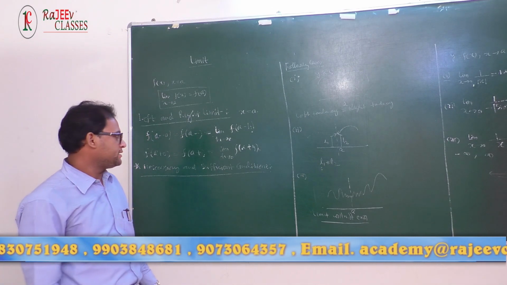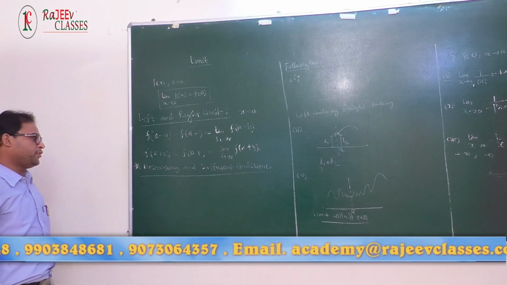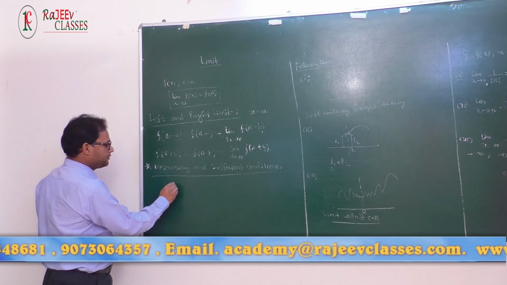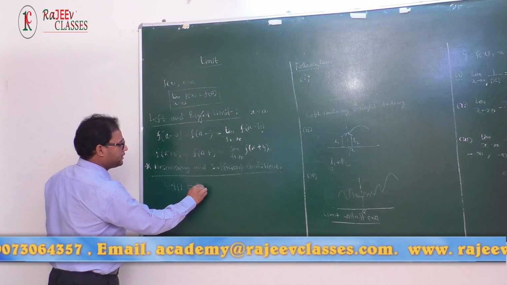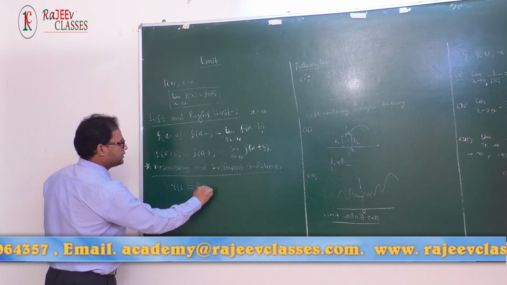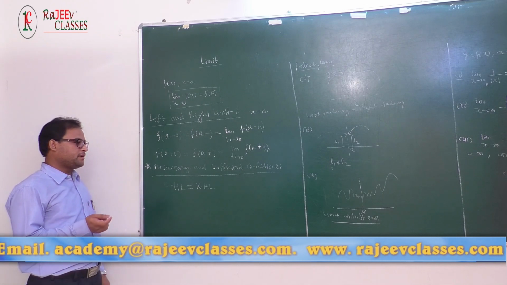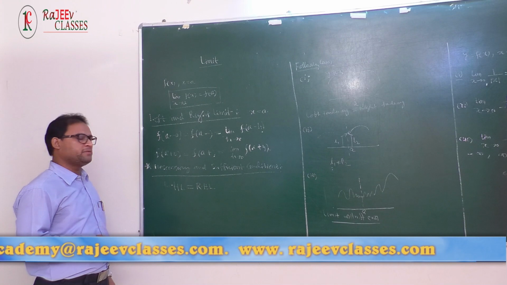What is the necessary and sufficient condition so that the limit of a function exists at a certain point? The condition says that the left hand limit (LHL) and the right hand limit (RHL) should be equal. This is called the necessary and sufficient condition. If a function has a limit at the point x equal to a, it means that the left hand limit and right hand limit must be equal.